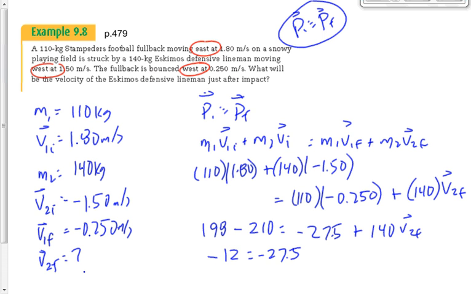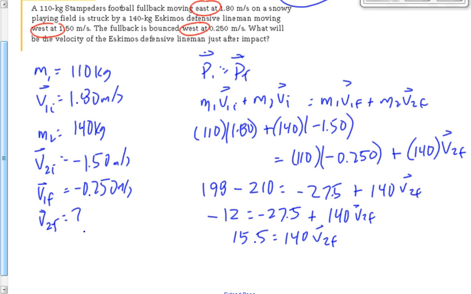Take it over by adding because it's a negative value. Becomes, what is that, 15.5? Is that right? And then we're going to take the 140 over by dividing. What does that work out to be? Do the math there, works out to be 0.111 meters per second. Good.